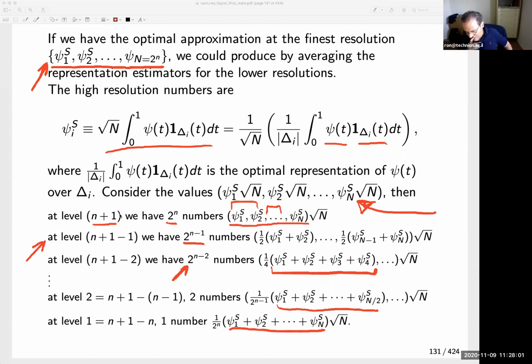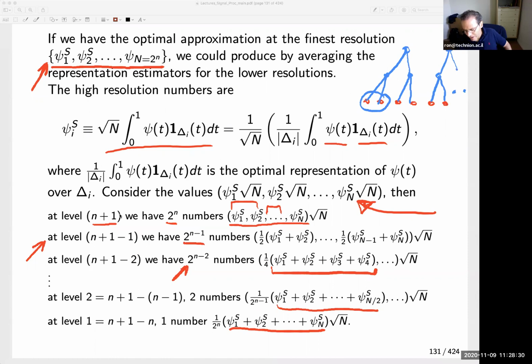Now, if we plot it as a tree, then what we have here is capital N numbers. And then what we do is we couple each and every 2 of them into a single number, and obviously it continues.